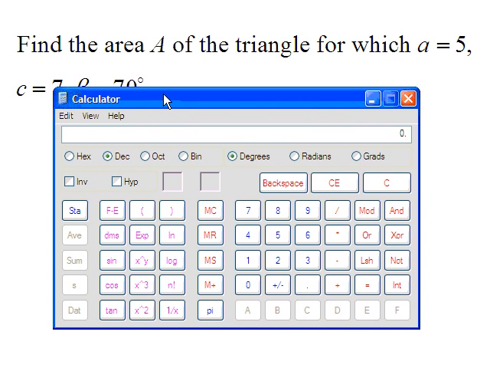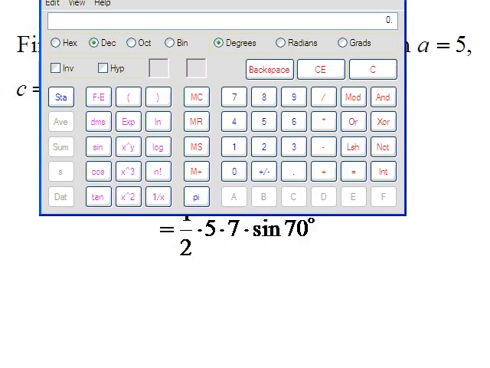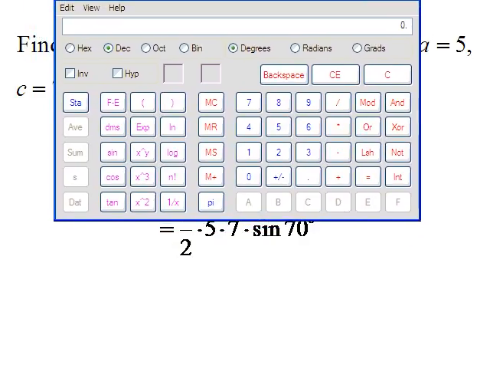See if I can place this so that we can see what's going on. So it's 1/2 times 5 times 7 times, and now it's in degrees.